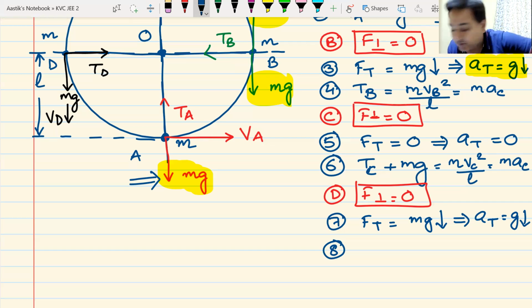On to equation number 8, which is the equation in the centripetal direction. What is the equation in the centripetal direction at point D? No one knows the equation?